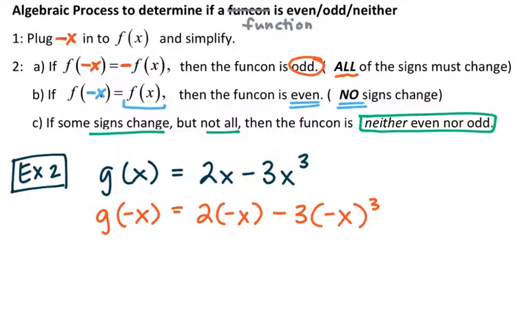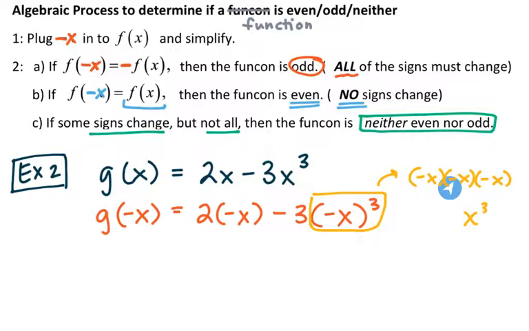Now I need to simplify. Let's take a second and look at what negative x cubed would look like if I were to multiply that out. That means negative x times negative x times negative x. You can see there, clearly we would have x cubed, but would this be negative or positive?